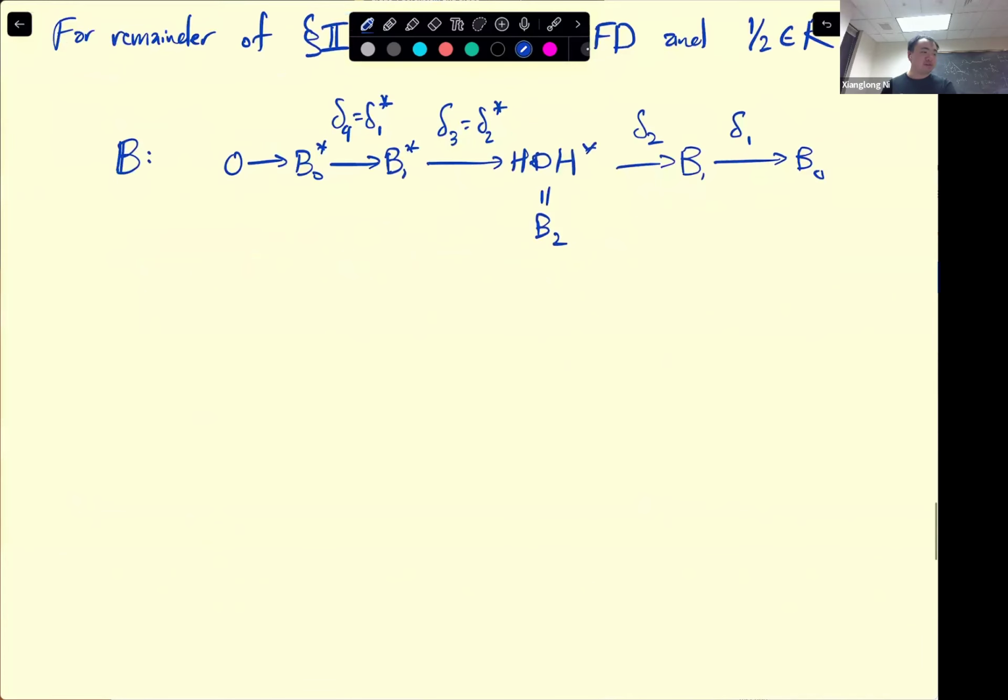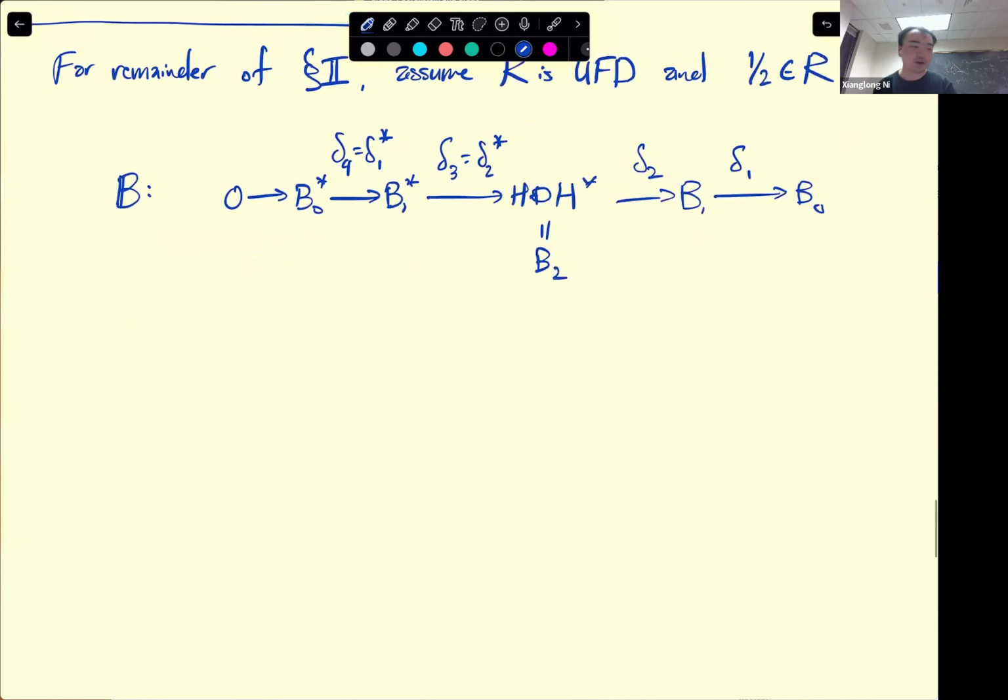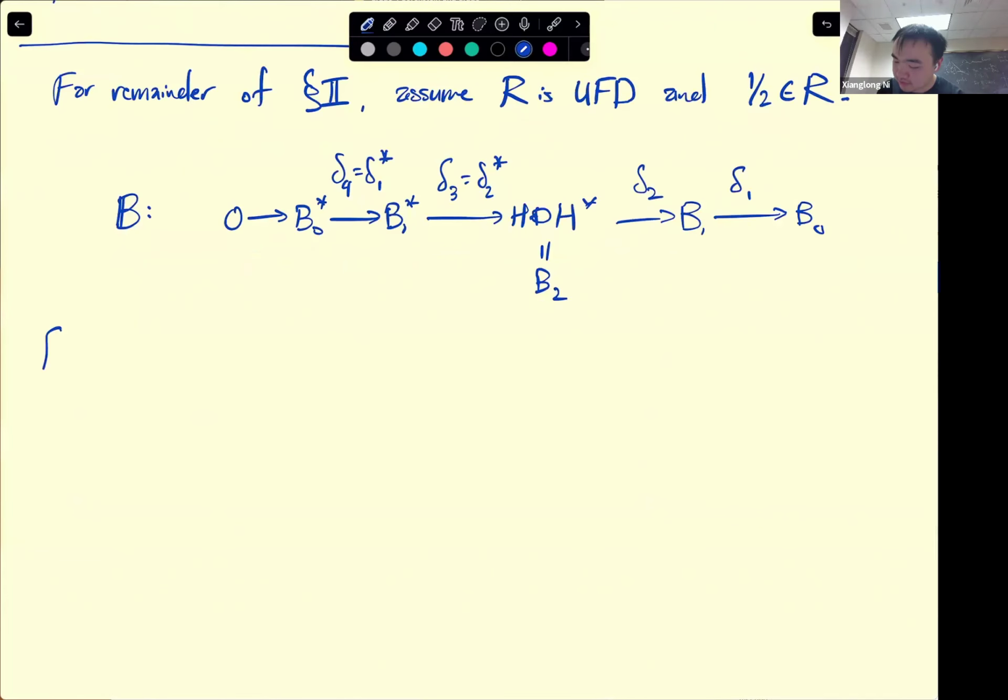This is, however, at least known under the condition that, say, the ambient ring is a complete regular local ring. So I'll mention this now.